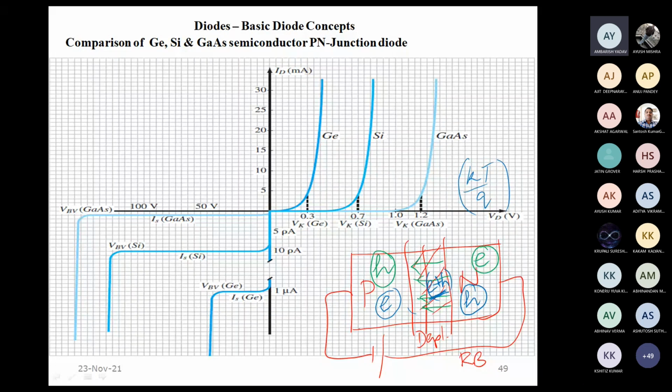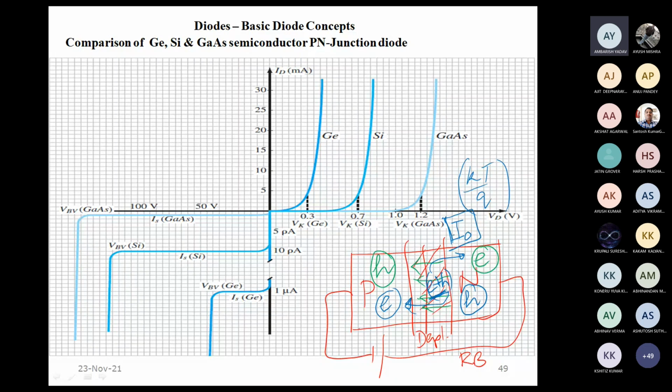So electrons will be swept toward the N region and holes will be swept towards the P region. This is another cause, and these two together may form a small current even though it is reverse biased.